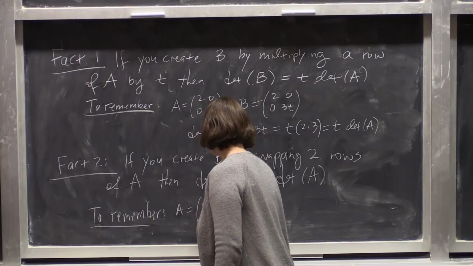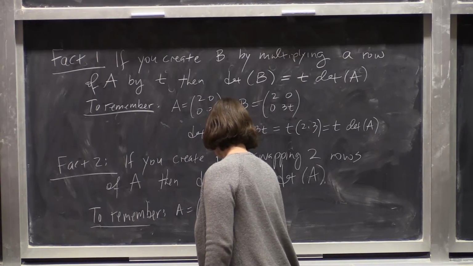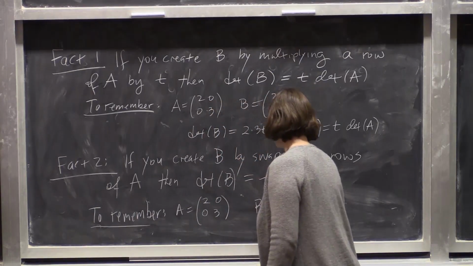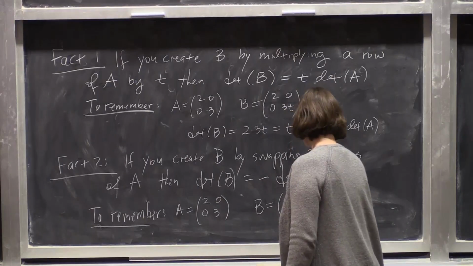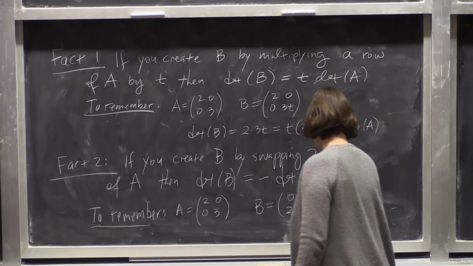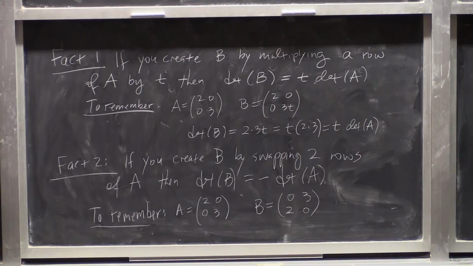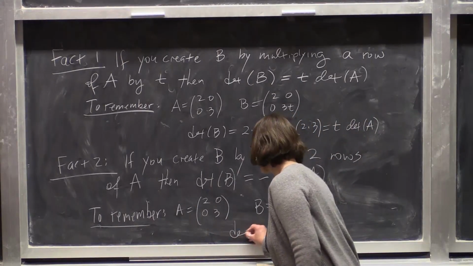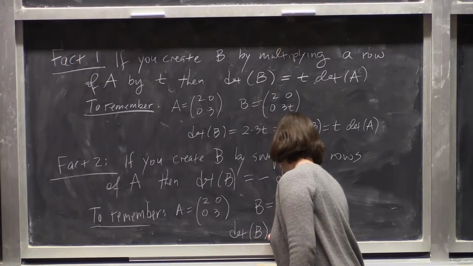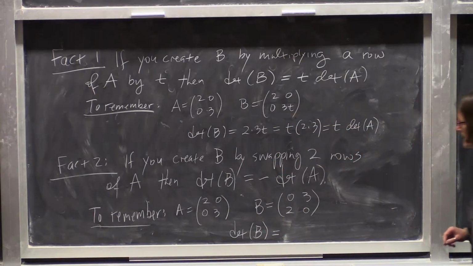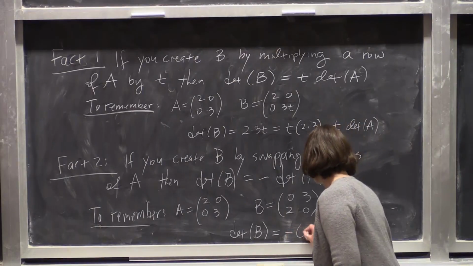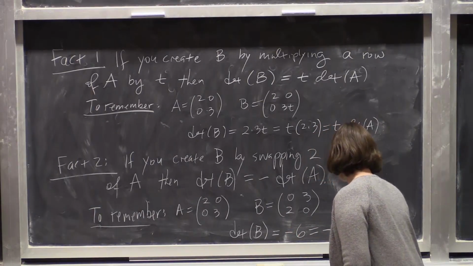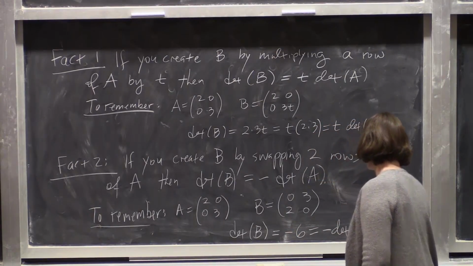If A is 2, 0, 0, 3, and B is 0, 3, 2, 0, then the determinant of B is equal to -6, which is the negative of the determinant of A.